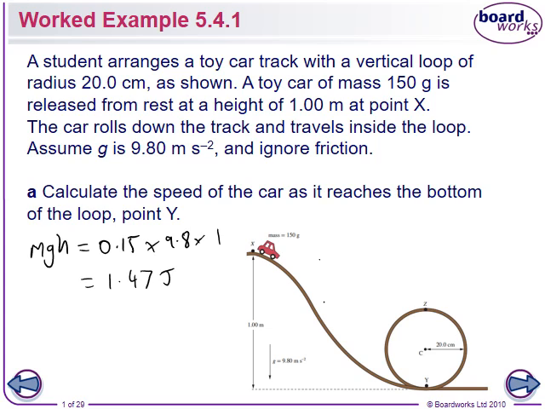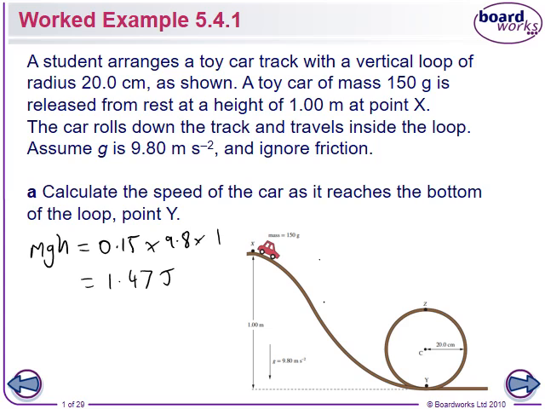Okay, so we've got our gravitational potential energy. This doesn't tell us anything yet. We need to find the speed, and all we've got is the amount of energy. But if friction is taken out of it, we are going to keep this same amount of energy the whole time. This car is not going to lose any energy. What's going to happen as we go from point X to point Y is that it picks up speed, because all of this 1.47 joules is converted to kinetic energy.